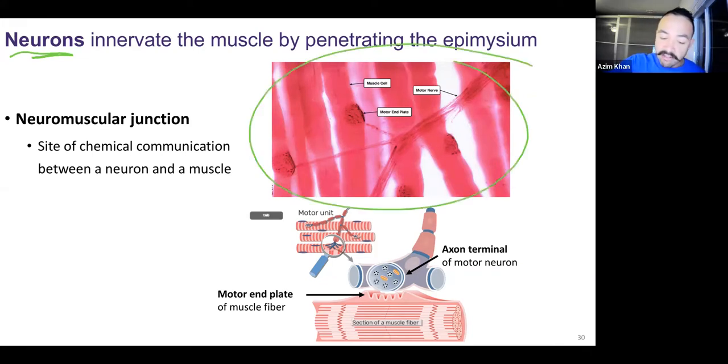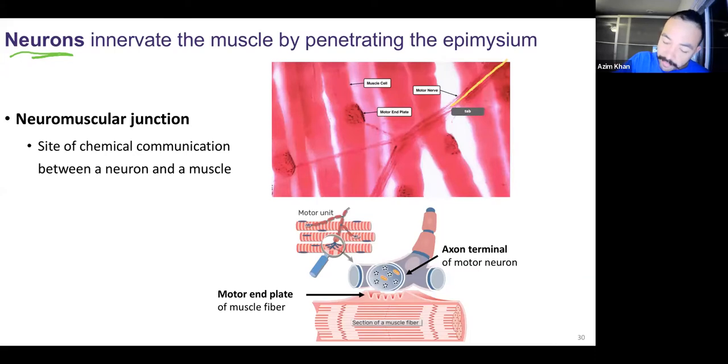Pictured in this histology right here, we have a neuron. It's not the whole neuron, it's an extension of a neuron. You'll learn that this is called the axon of a neuron.